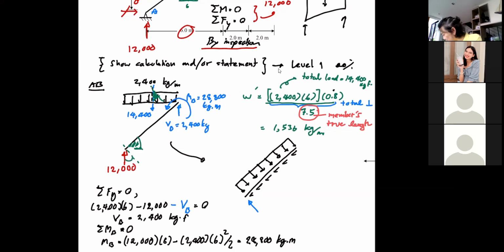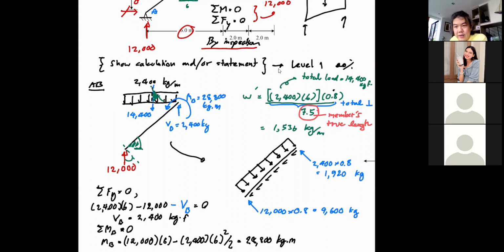So that is another cosine term. This is 12,000 multiplied by 0.8. That is 9,600 kilogram force, okay? And another one, you're doing the same. That is 2,400 multiplied by 0.8, and then that is going to be 1920 kilogram.